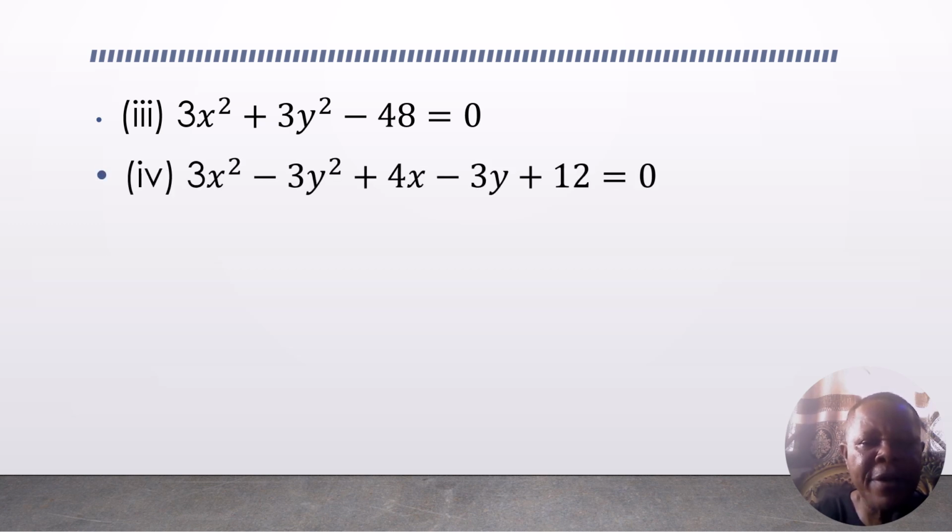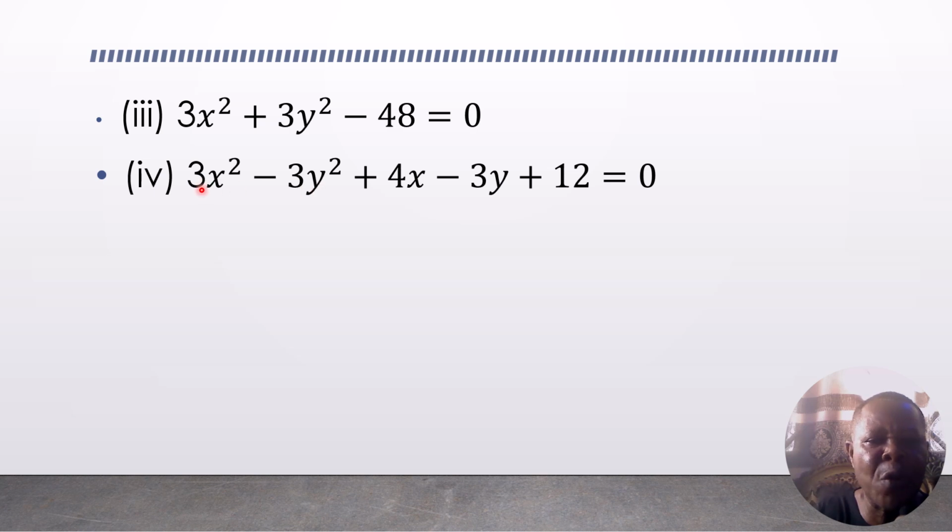4. 3x squared minus 3y squared plus 4x minus 3y plus 12 equal to 0 is not a circle because the coefficient of x squared is 3, while the coefficient of y squared is minus 3.